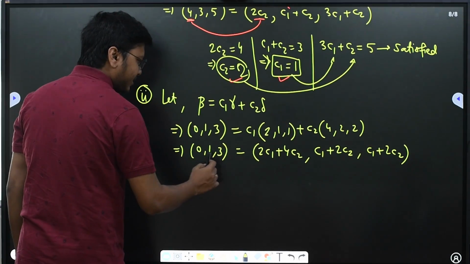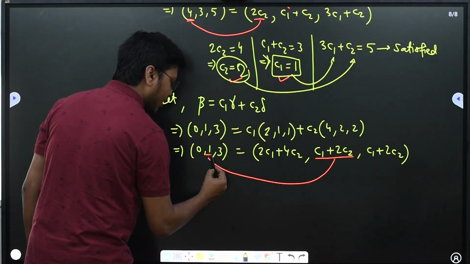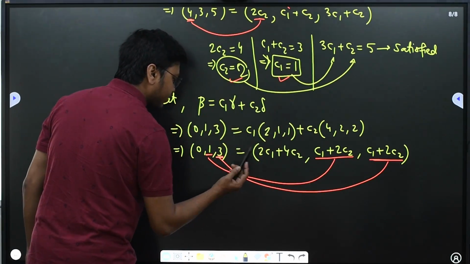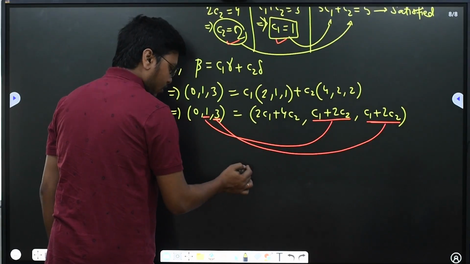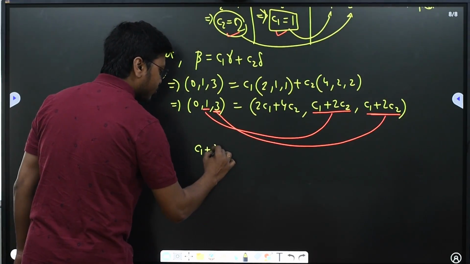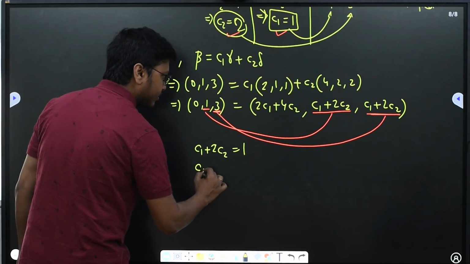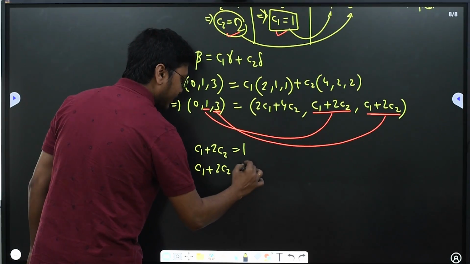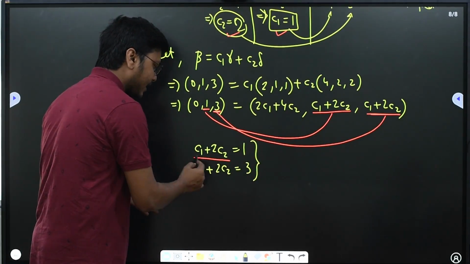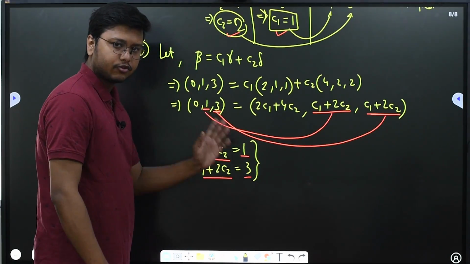So just from these observations, by comparing the y and z coordinates, C1 plus 2C2 equals 1, and again in the second comparison C1 plus 2C2 equals 3. Now is this possible? I have the left hand side the same in both cases, but my right hand side is different, so that's not possible.